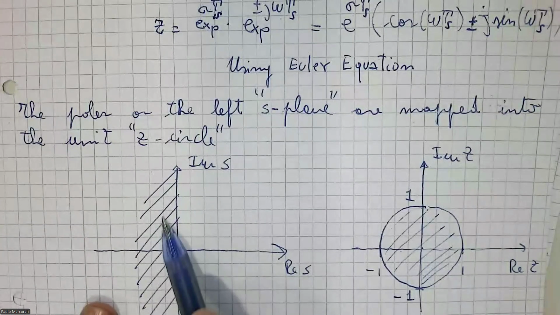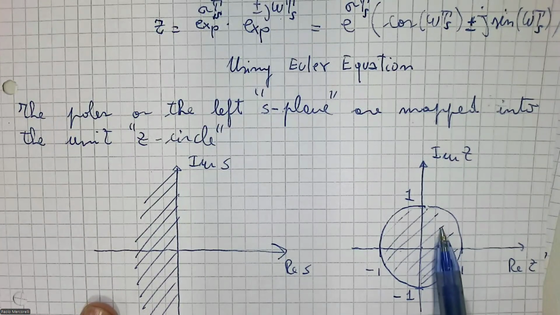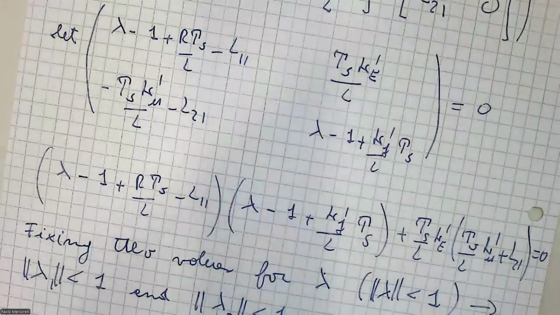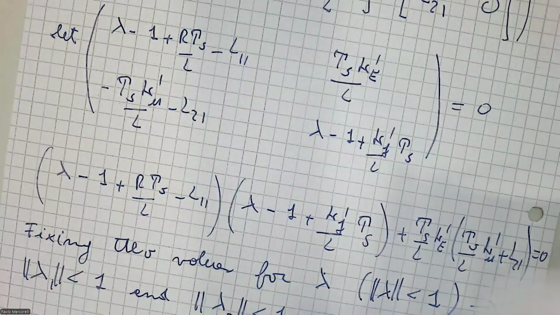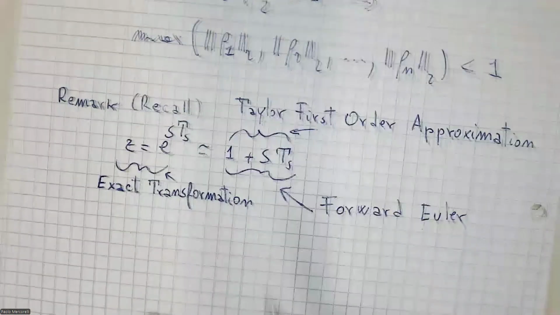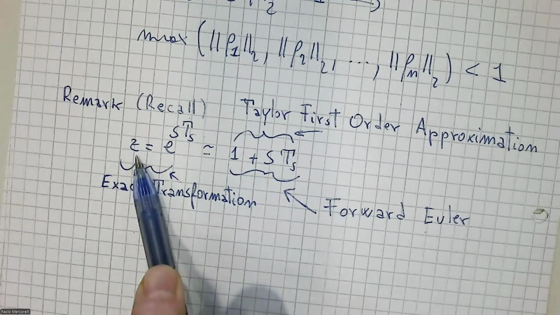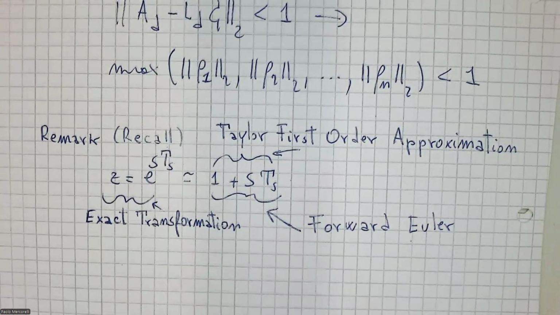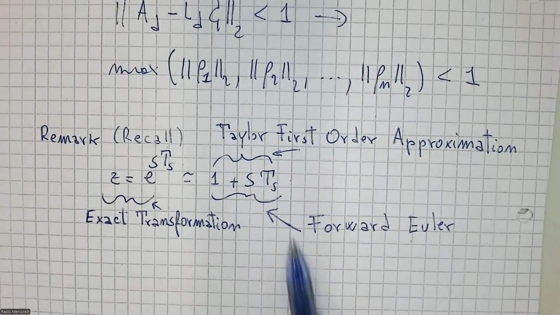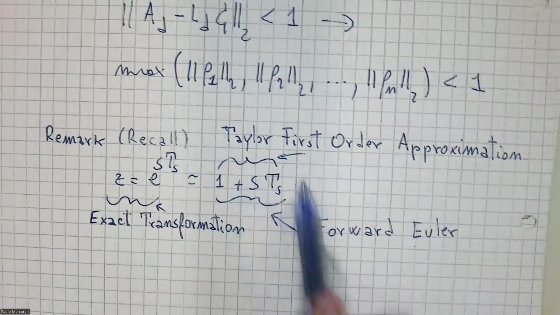I can map my desired dynamic here inside. For a position S, which I want to obtain, I will obtain the position Z in the discrete domain using this expression here, as we did last time.